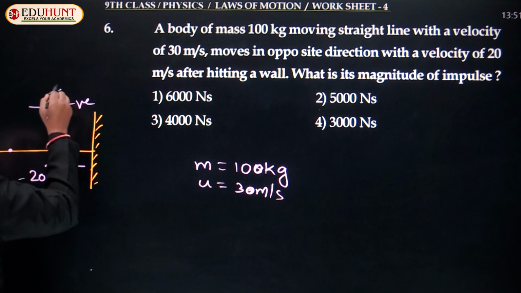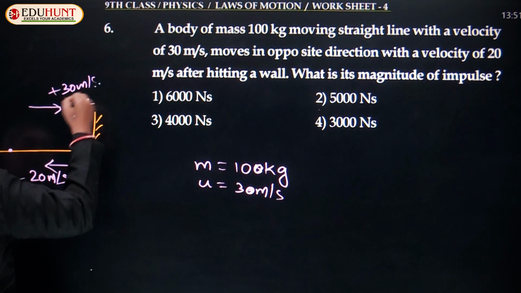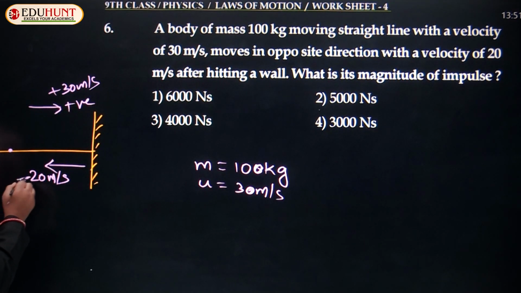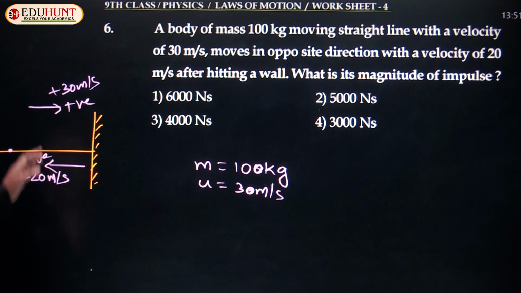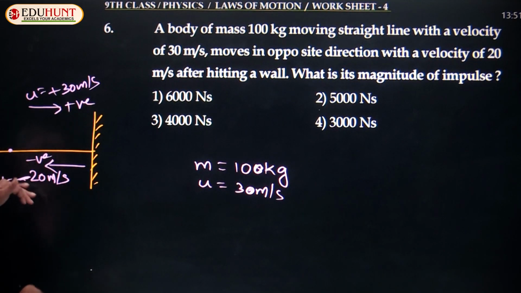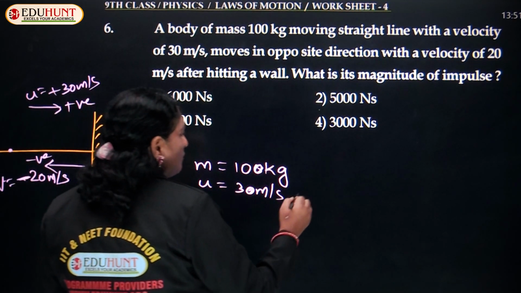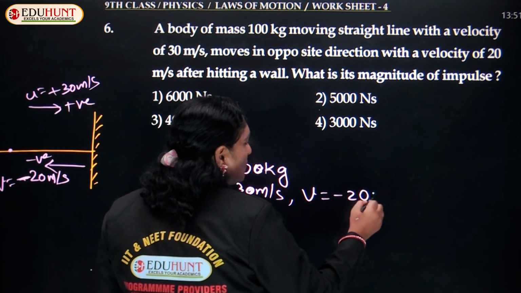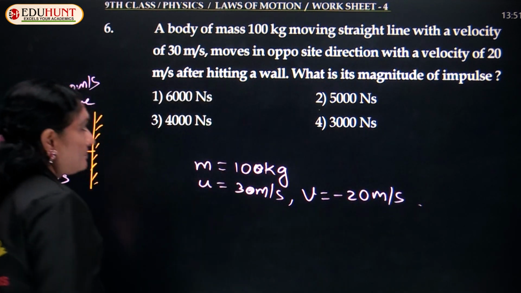This is plus 30 meter per second, positive direction, negative direction. This is taken as minus 20 meter per second. So this is your initial velocity and this is your final velocity after hitting the wall. So V is given as minus 20 meter per second.